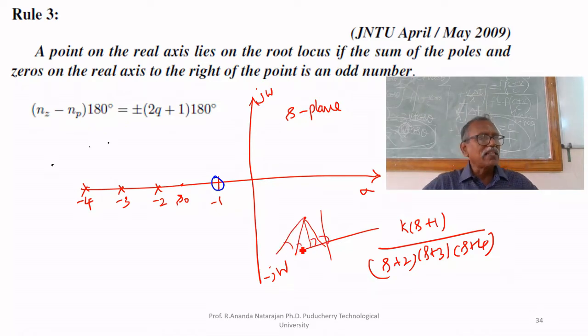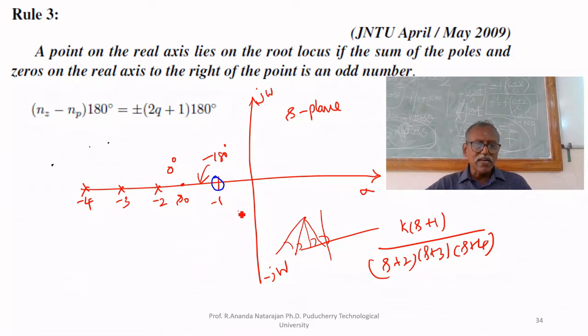If we add all the angles, it should be an odd multiple of 180 degrees. So draw a line from all poles and zeros. From minus 1 to S naught, the angle of this line is minus 180 degrees. From minus 2 to S naught, the angle is 0 degrees, towards the right.